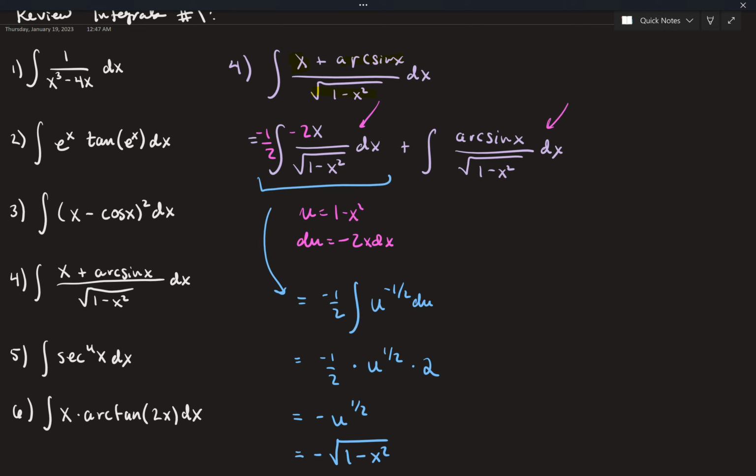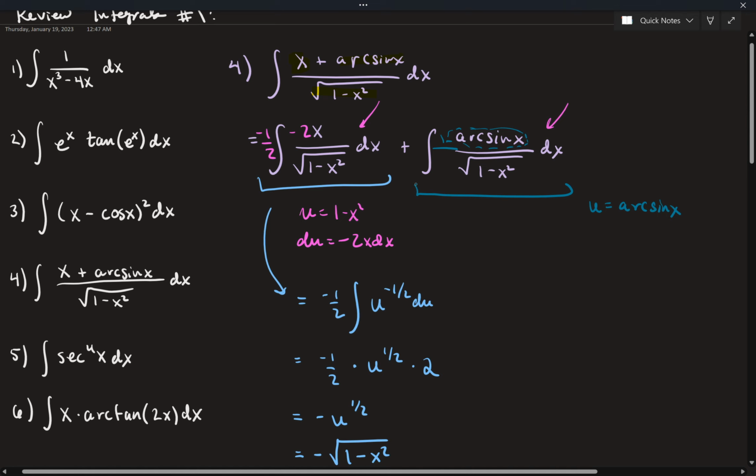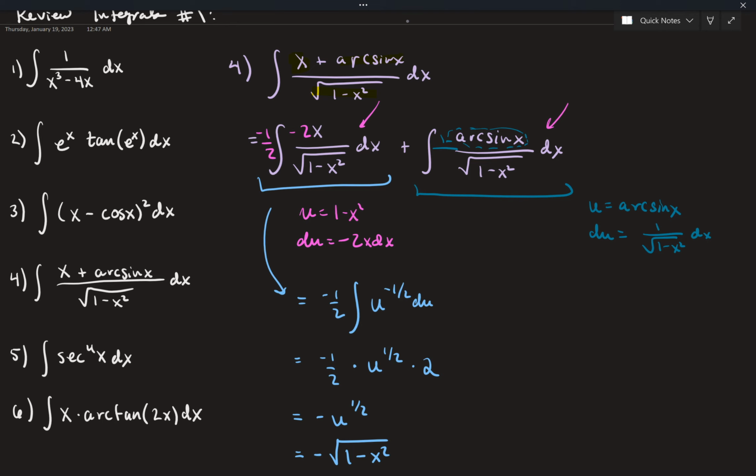Okay, in another color, I'll go ahead and get this one done. Write it in a different blue. I notice I have arcsine x and its derivative, 1 over square root 1 minus x squared, is being multiplied, so that's what I'll let u equal. du is 1 over root 1 minus x squared dx, and I have the integral.